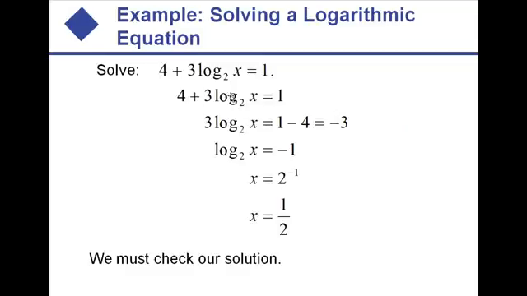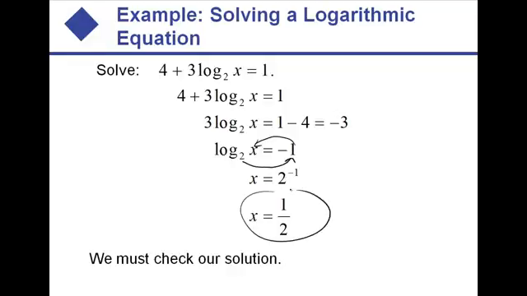Something like this, if we're trying to solve for x, the same rules apply. Isolate our variable. So you move the 4 over, divide by the 3. Now you've got it in this form, and you're back to this power equals that. So 2 to the negative 1 equals x, and 2 to the negative 1 is 1/2.